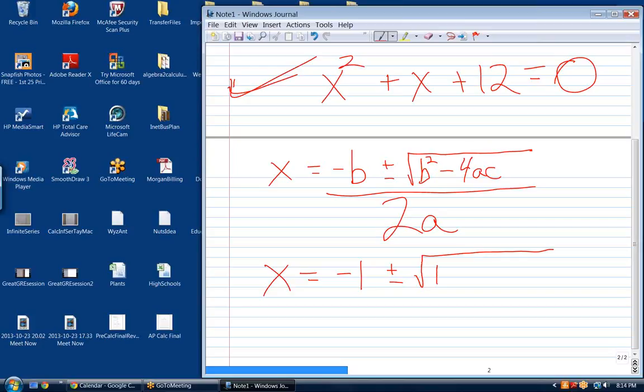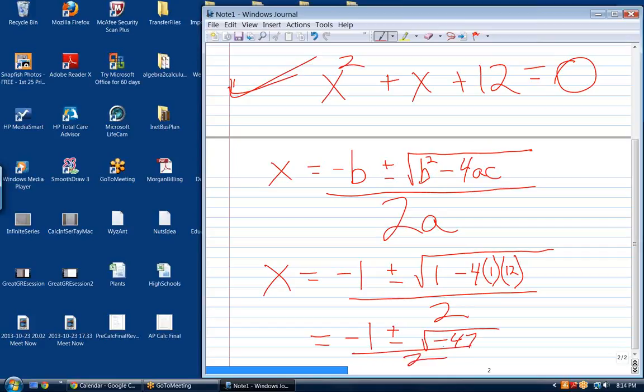B squared is 1. What's a? 1. What's c? 12. And 2a would be 2. So this thing solves to minus 1 plus or minus the square root of negative 47 all over 2.